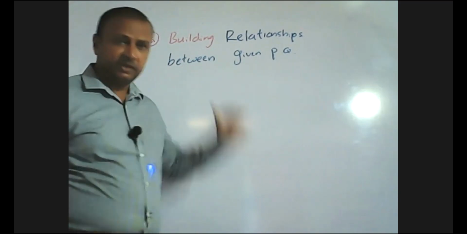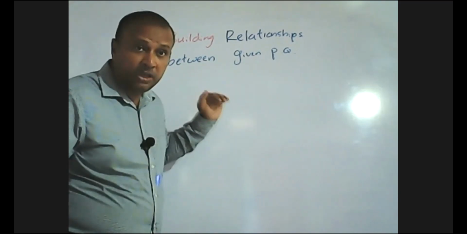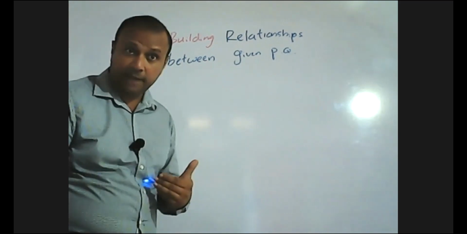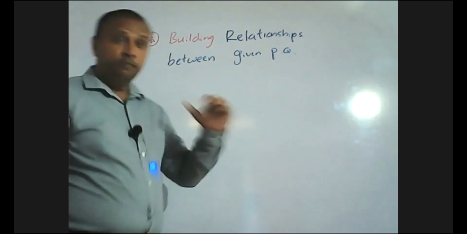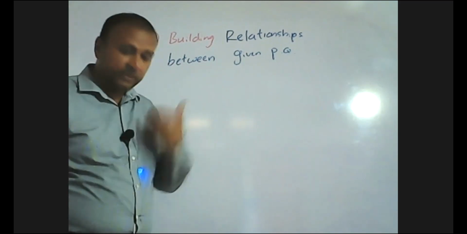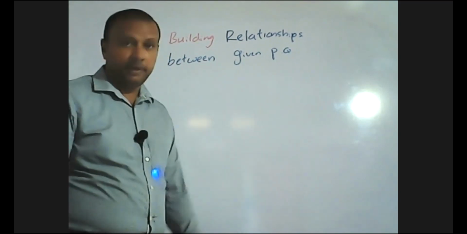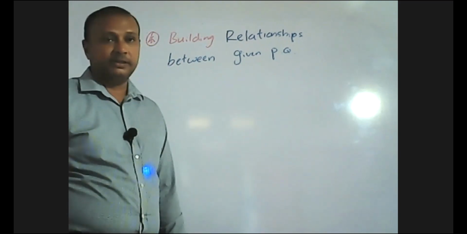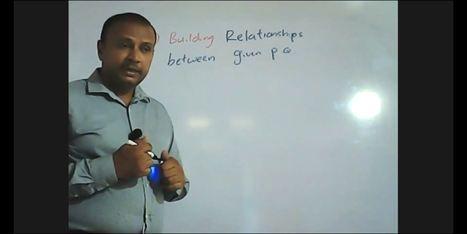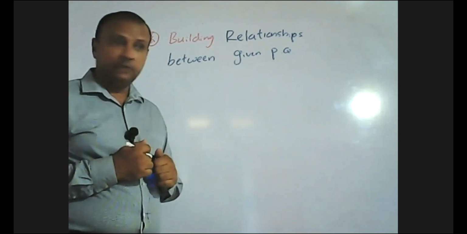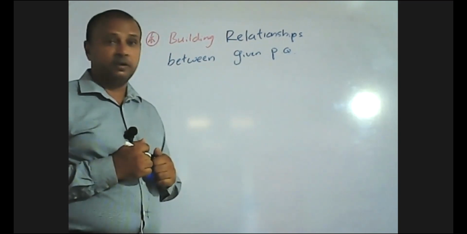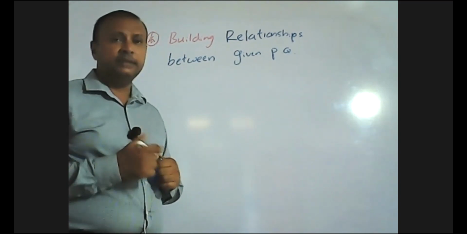Our objective is building relationships between given physical quantities. Before doing that, we have to refresh our memory. I think we have learned two relationships between given quantities, not physical quantities, given quantities.